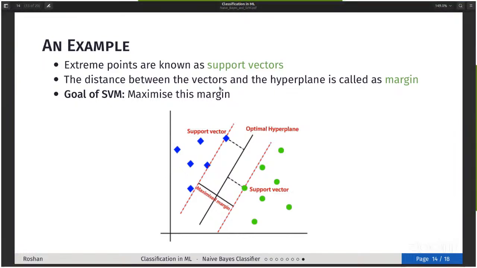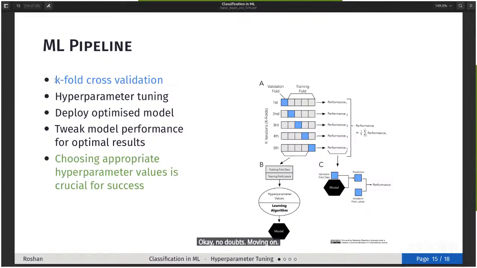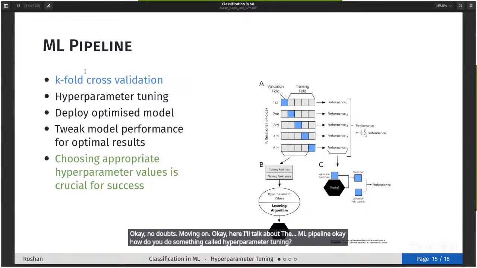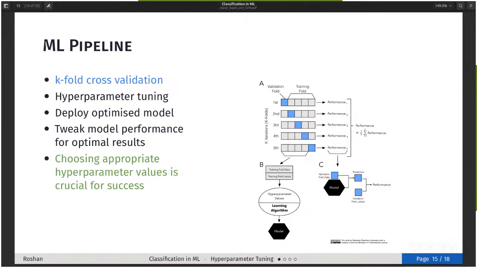Okay, no doubts. Moving on. Here I'll talk about the ML pipeline. How do you do something called hyperparameter tuning? What was the hyperparameter that I talked about in k nearest neighbors? There was one thing that I changed in the model.